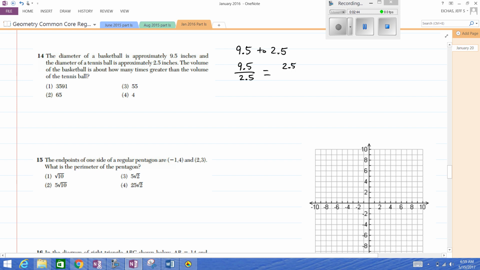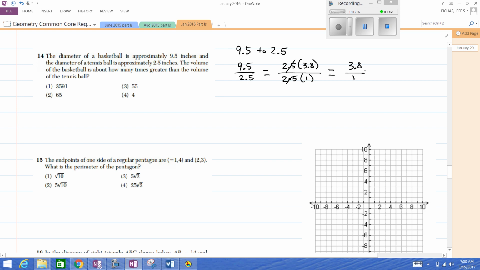If I take 2.5 out of here, divide it out, it's 3.8, and it's 2.5 times 1. So those knock each other out. Basically what we have is the ratio of the diameters is 3.8 to 1.